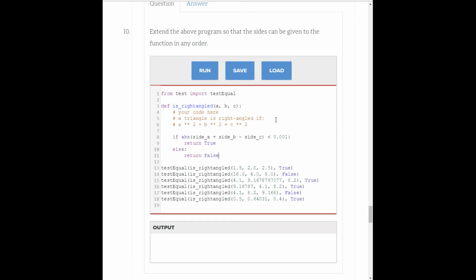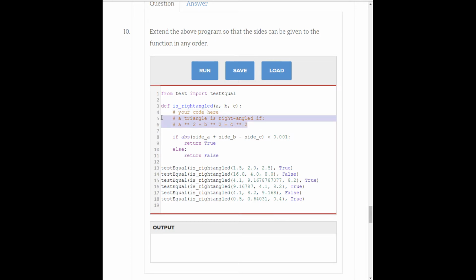Okay, so if we can take these in any order, it means that we need to figure out which side is the longest side. So that's the first thing we need to do, is figure out which side is the longest side. So we can do that nice and easy.